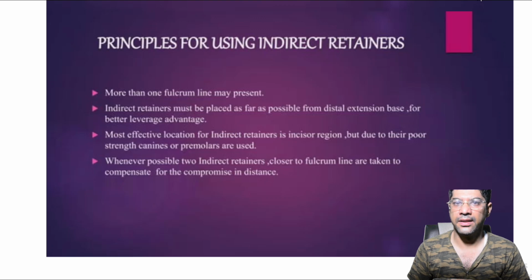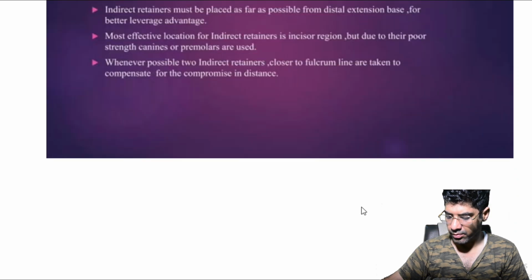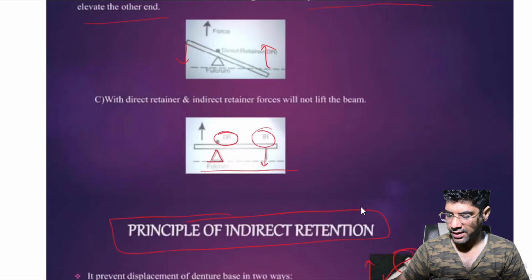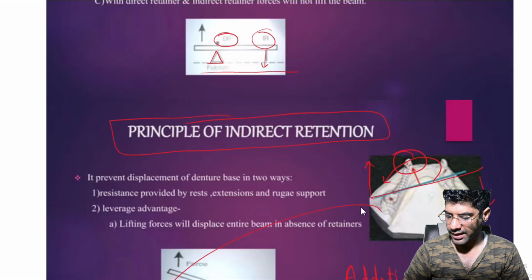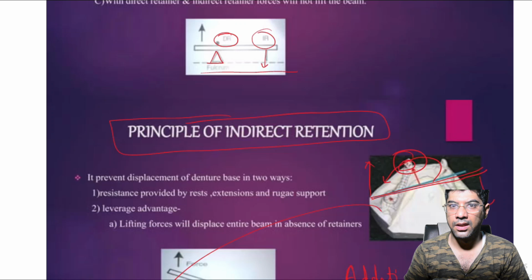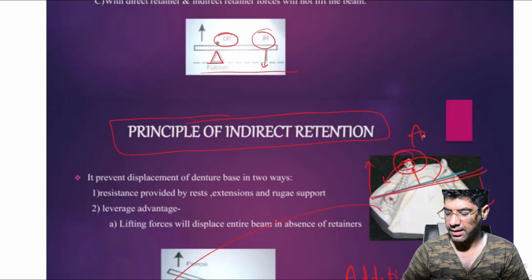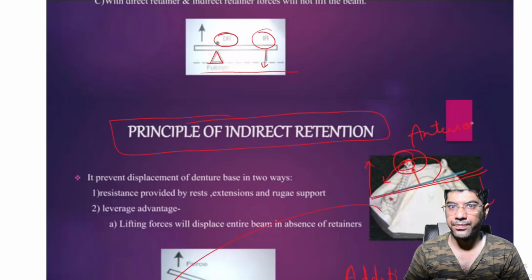Then the distance from the fulcrum line: the farther the indirect retainer is from the fulcrum line, the more effective it is. So that is why it should be placed as far anteriorly as possible.